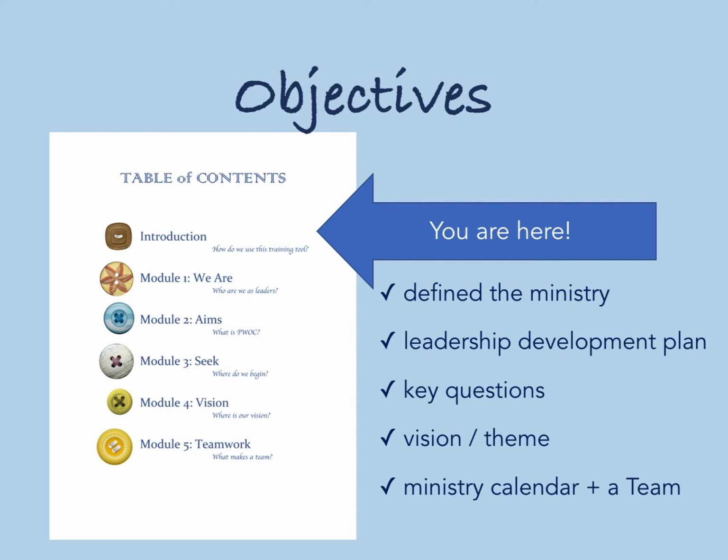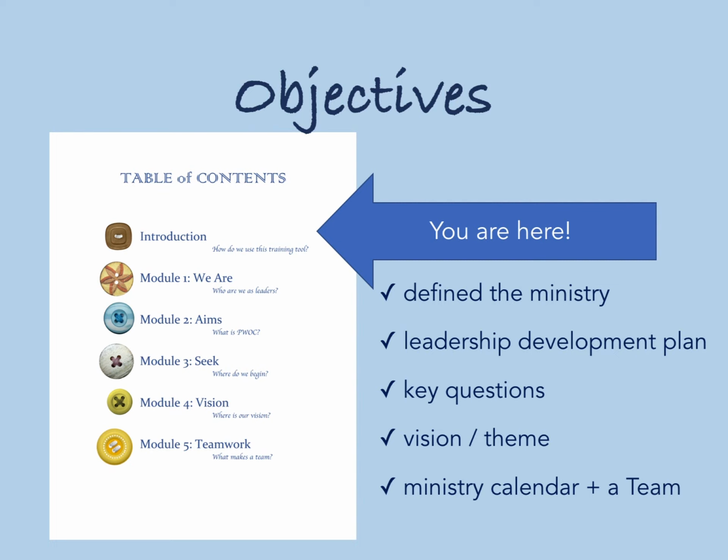When you're done watching this video, you will have an understanding of how to use this training tool. Once you complete all 5 modules, you will have defined your ministry by looking at the PWOC motto and its implications for anyone who attends PWOC. You will have a leadership development plan, the natural fallout of understanding and adhering to the PWOC aims.